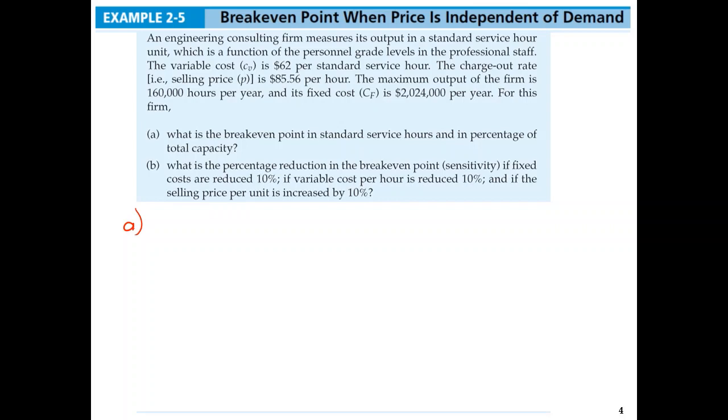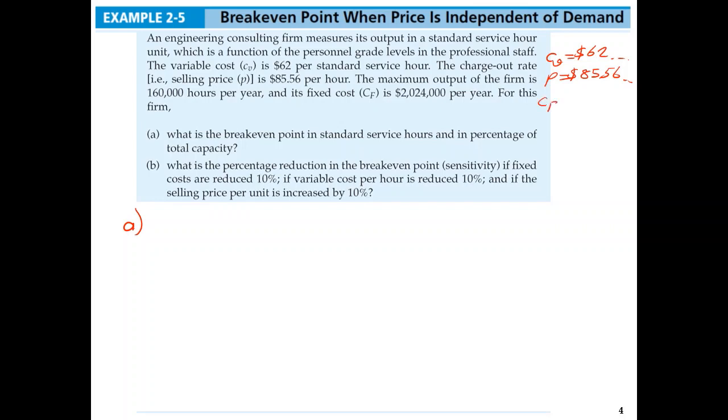When you have such a question, it is better to take these notes. So we have CV $62. We have P equals $85.56. Again, the units of measure are also important: per service hour.